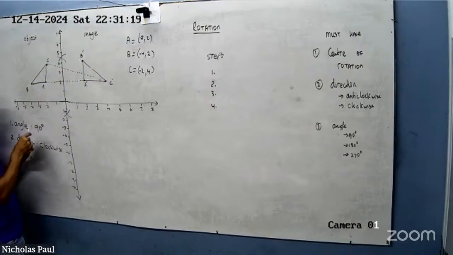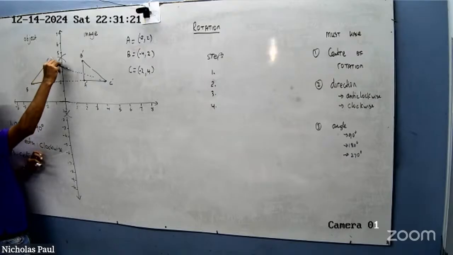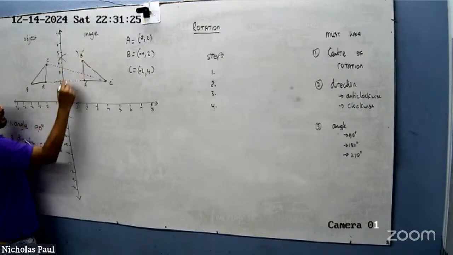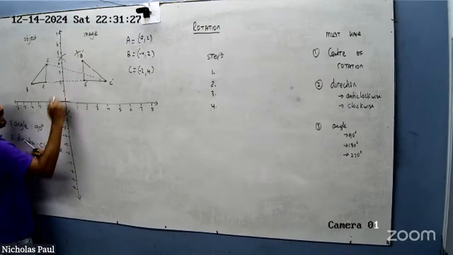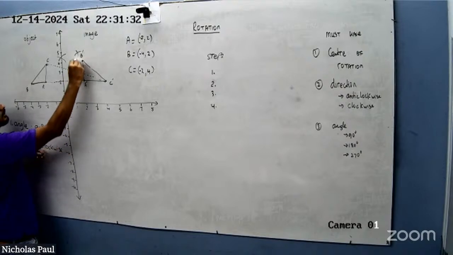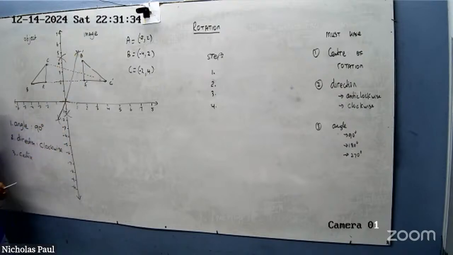Pointer here, more than half, draw your arc. Draw your next arc. And then connect the line. Is that okay? Watch it again.